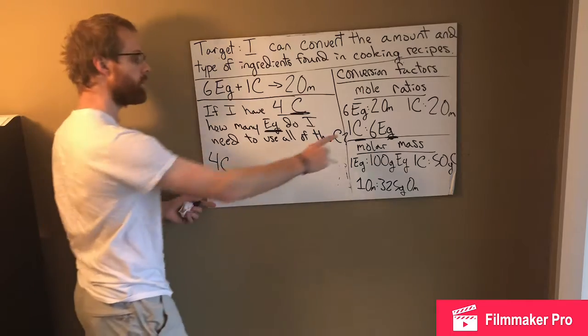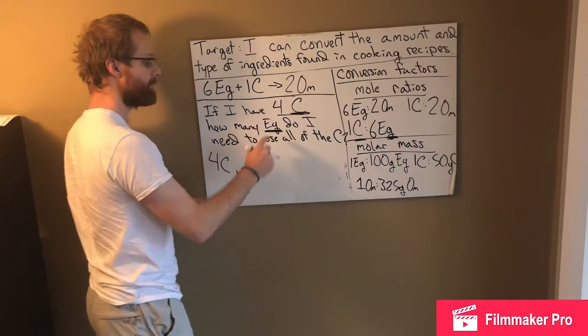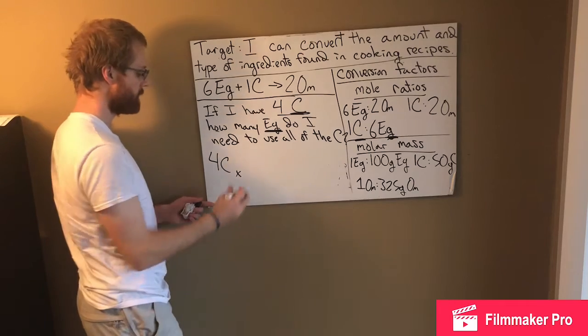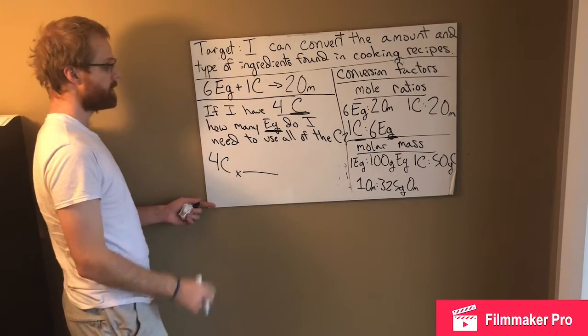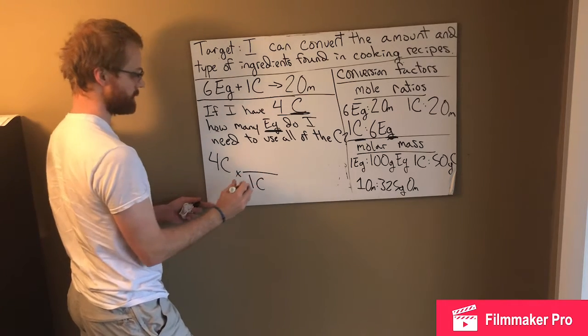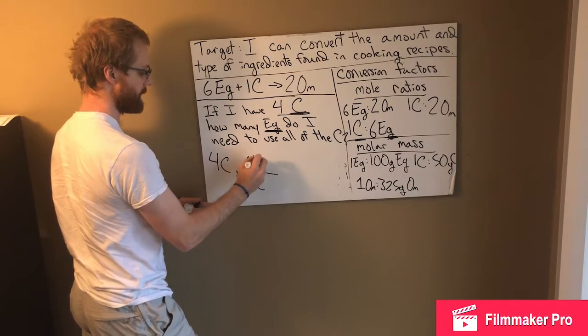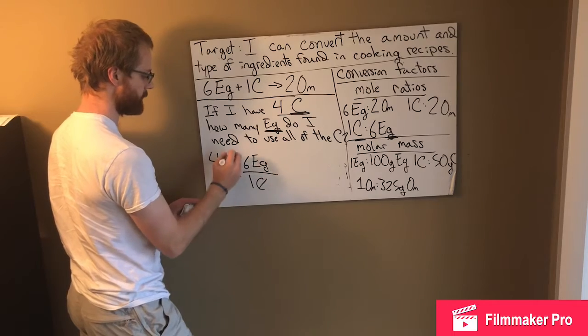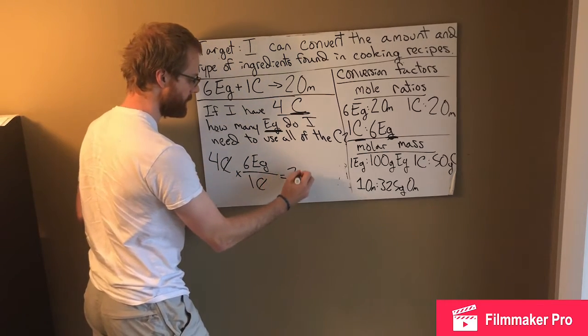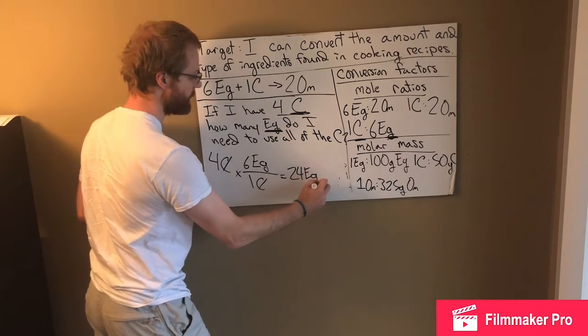And we know we want to use this conversion factor because it has the units we are using. So we're going to put 1 cup of cheese on the bottom, so those units cancel out. We're going to put 6 eggs on top, because those are the units we want. 4 times 6 divided by 1 would be 24 eggs.